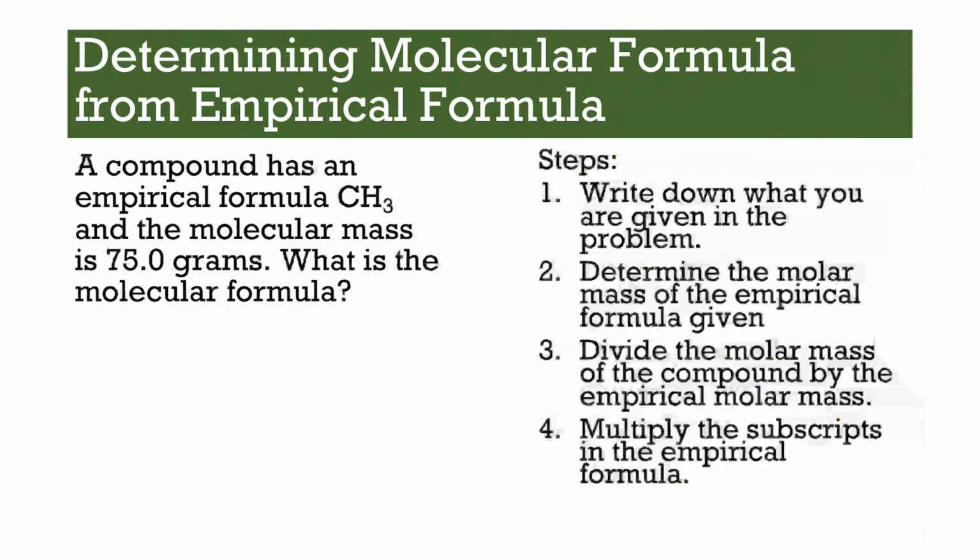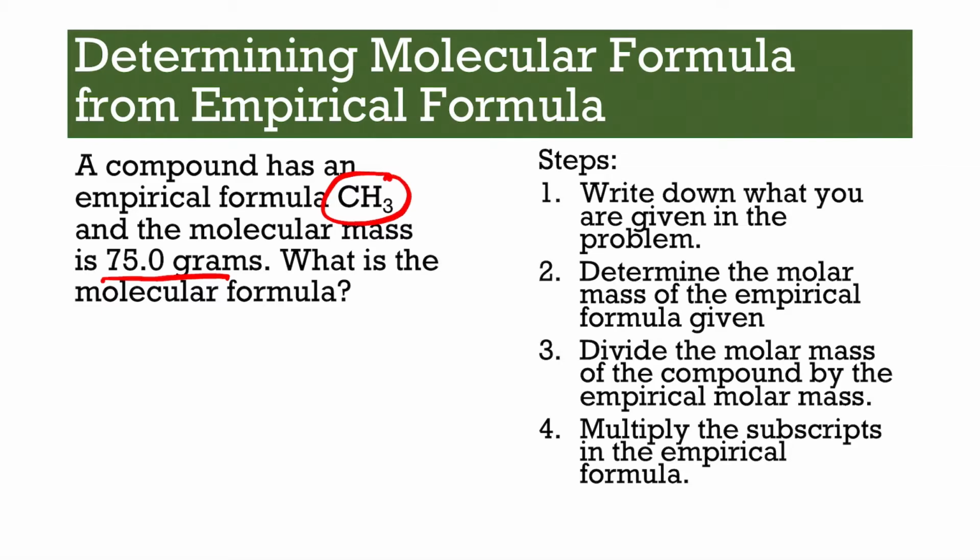A compound has an empirical formula of CH3 and a molecular mass of 75 grams. What is the molecular formula? So the problem is here, this is the simplest ratio. Anything could have that same ratio. So we have to figure out what it is.